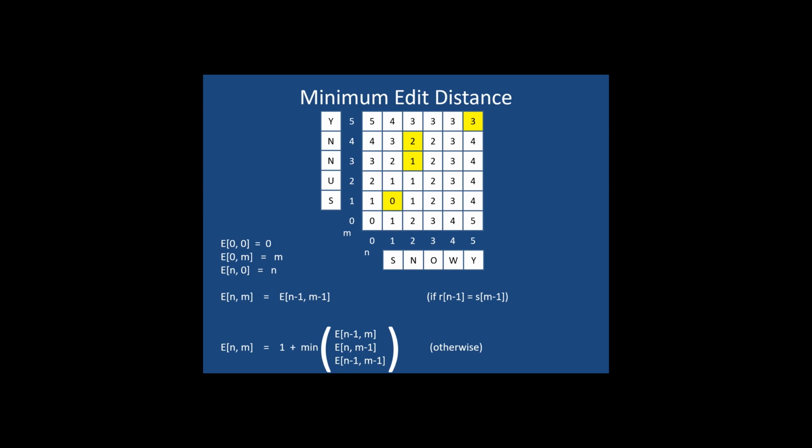Now, we talked about the optimal substructure property. And you can see the optimal substructure property exhibited here, in that the solution to every subproblem is in that array as well. So what's the minimum number of edits it takes to convert the first 2 characters of snowy into the first 3 characters of sunny?